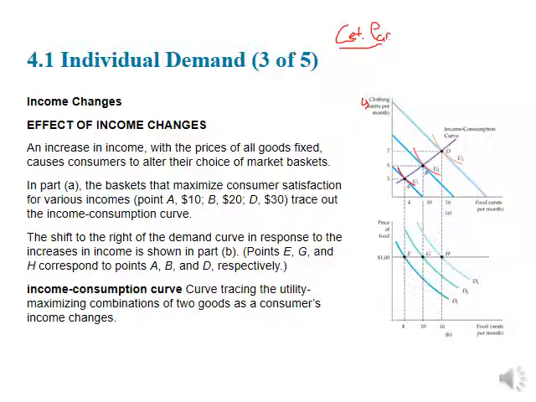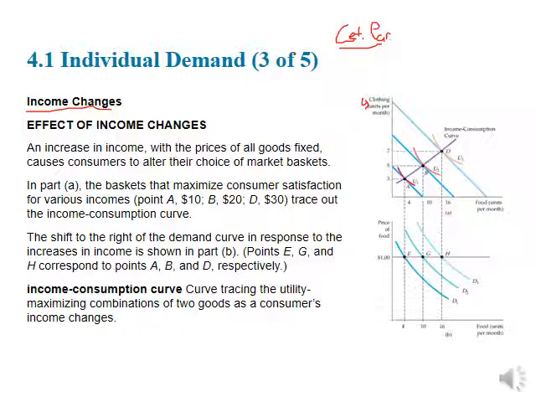And in particular, we're concerned with how demand changes when other things change. Let's start by looking at income changes. And just like we saw a few slides ago with price changes, when income changes, our utility maximizing bundle will also change.